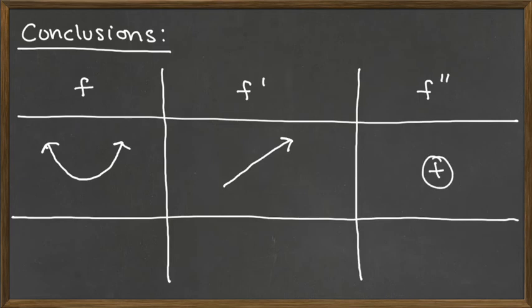We also say that the original function is concave down, or it looks something like this, if the first derivative is decreasing. It's very important to be able to differentiate between a sign value and a changing value.